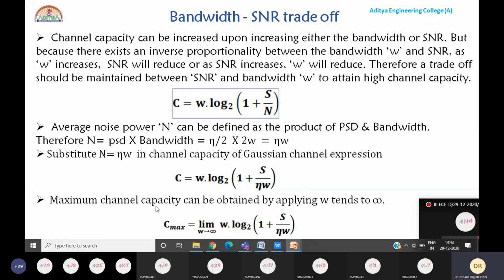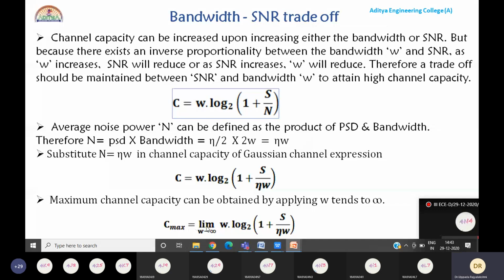So maximum channel capacity can be obtained by applying the limit on omega. In order to get the maximum channel capacity, you need to consider the bandwidth as a higher value. So limit the bandwidth to infinity, so that you can attain the maximum channel capacity.